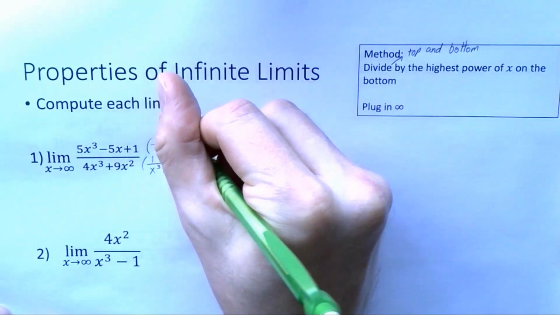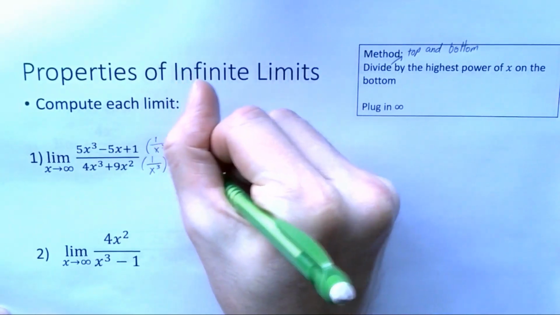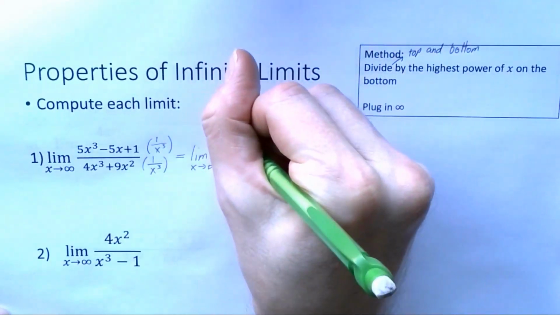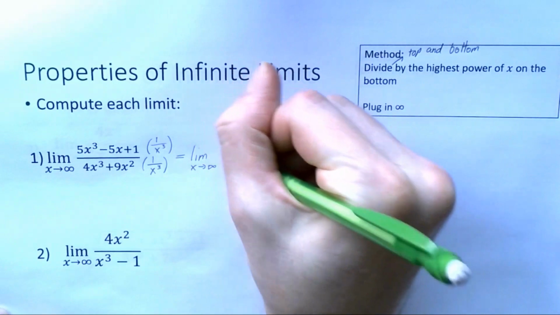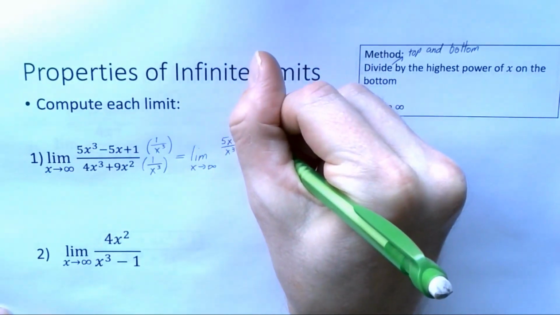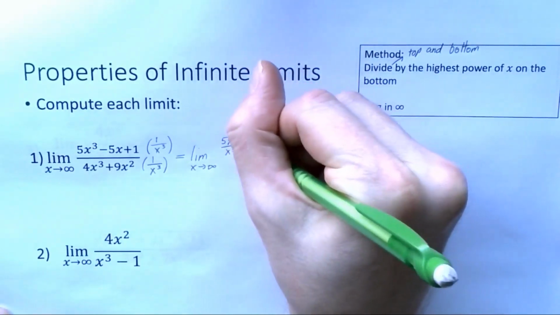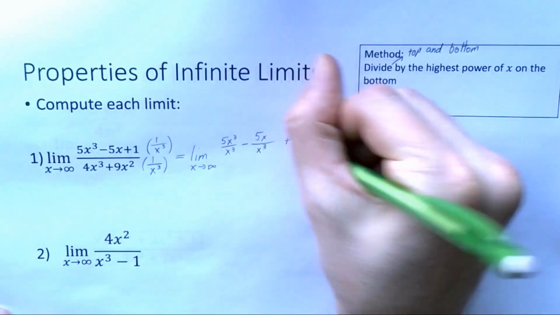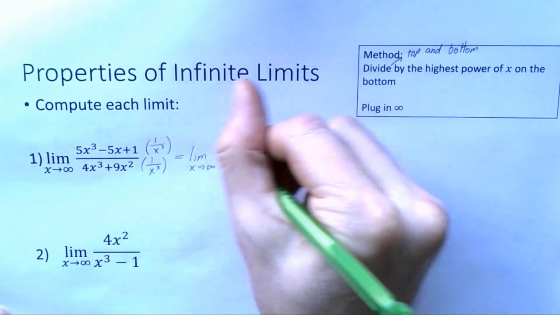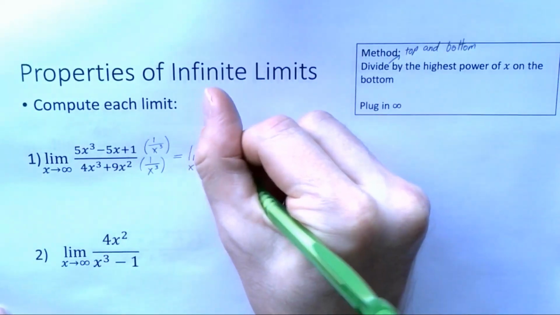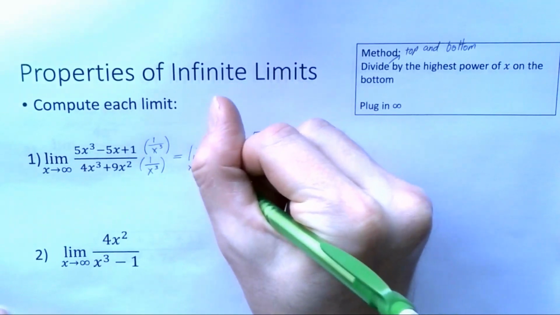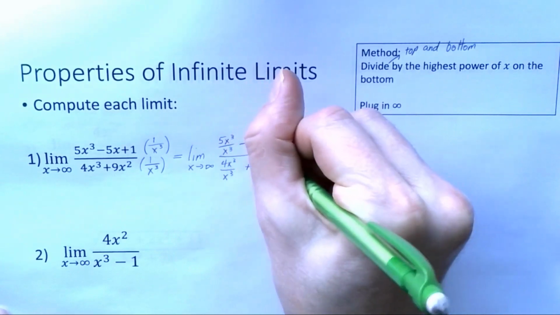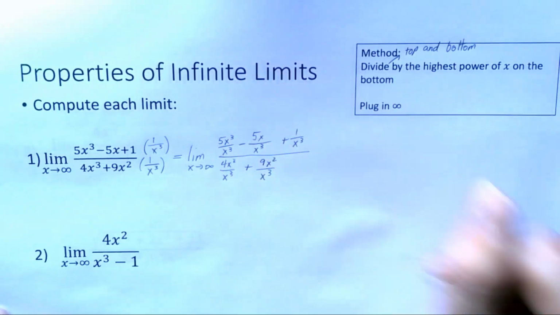So doing this, we distribute the 1 over x to the third to everything. So now we have the limit as x approaches infinity of 5x to the third over x to the third, minus 5x over x to the third, plus 1 over x to the third, over 4x to the third over x to the third, plus 9x squared over x to the third.